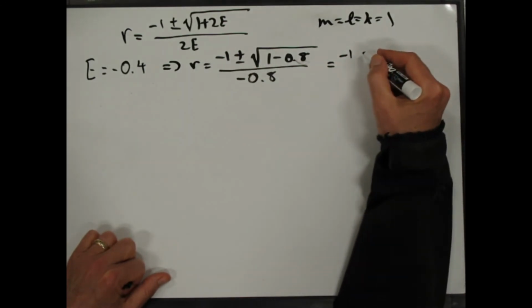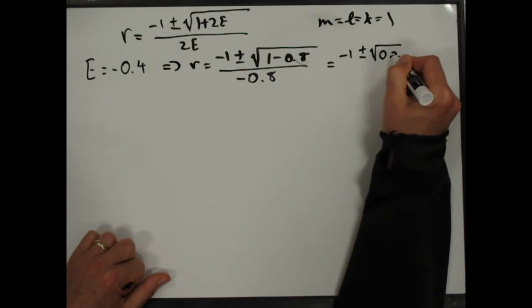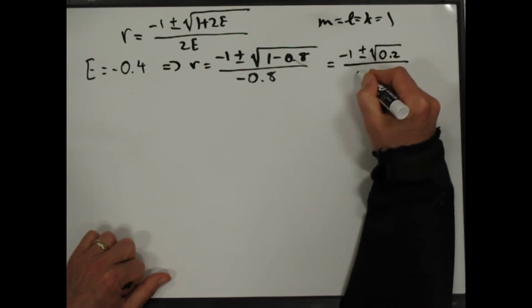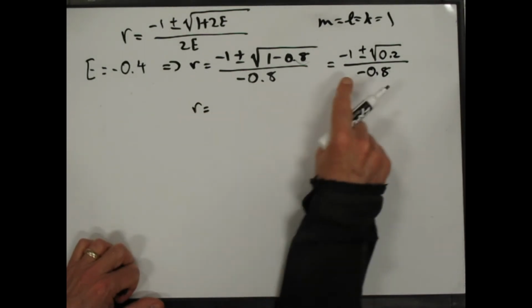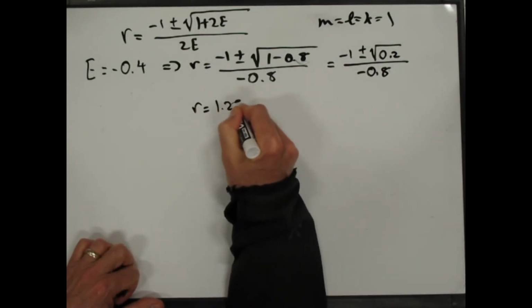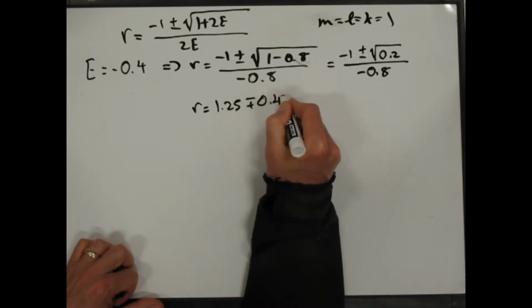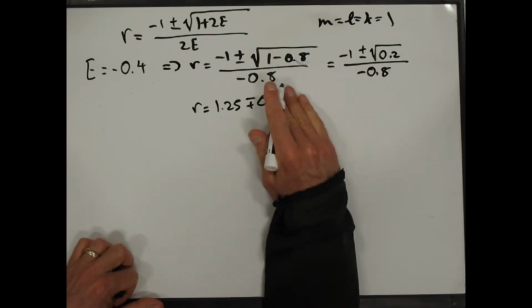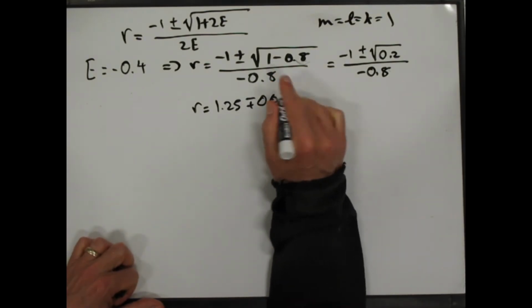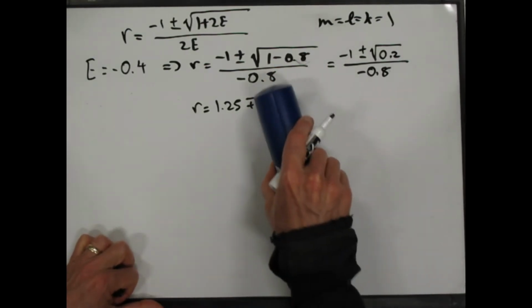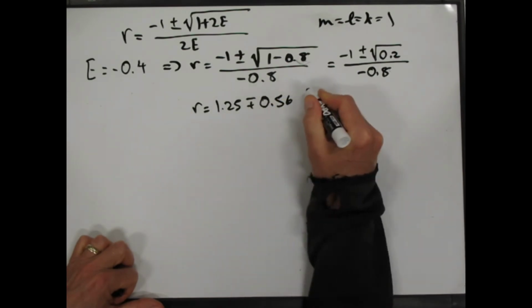It's minus 2e, plus or minus the square root of 0.2, all over minus 0.8, and that gives me r is equal to 1.25, minus or plus 0.56.